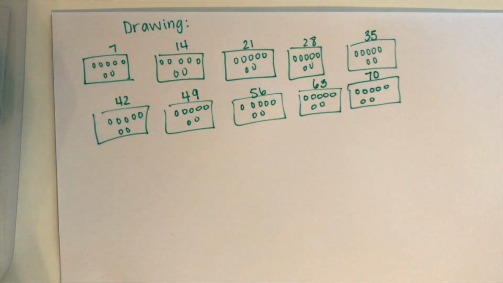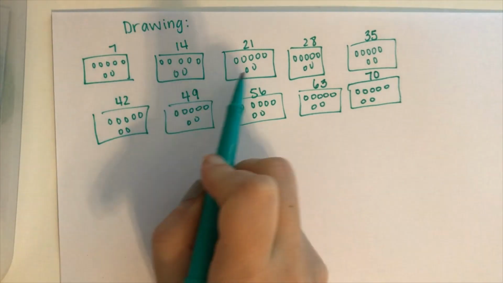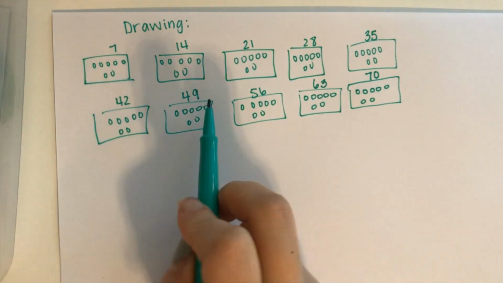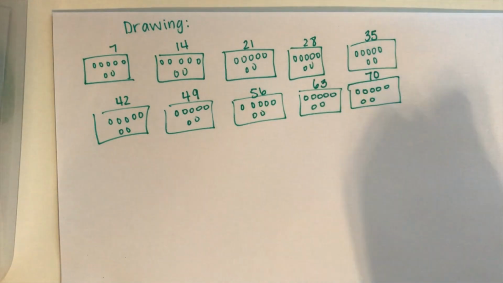So I actually counted, there's 7 in each, so I went 7 plus 7 is 14, 7 more is 21, 7 more is 28, 7 more is 35, and then 42, 49, 56, 63, and 70.